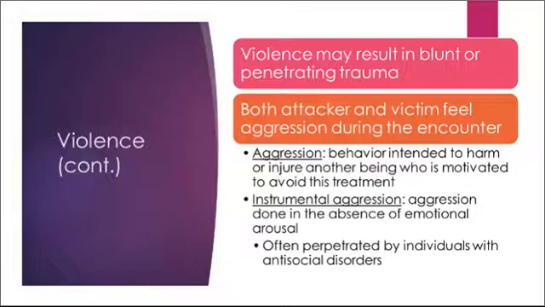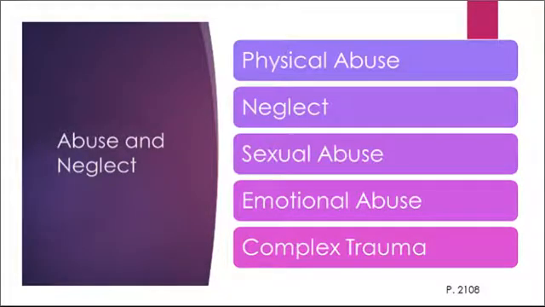Okay, let's see. So there are different types of abuse. Physical: you look for unexplained injuries, bruises, or fractures. This is on 2108. Neglect is shown by poor hygiene, lack of medical or dental care, poor growth and development of the child, weight loss of a dependent or older adult, because it doesn't just happen to children.